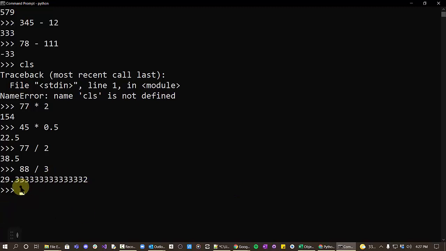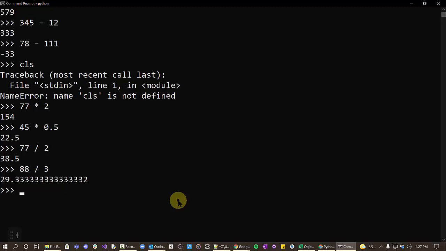And so repeating characters will go out to a large range, and then it will round off the results at a certain point. Often these floating point numbers are only so precise. They can't be infinitely precise, obviously. You would need an infinite amount of memory to store that. So it will truncate and round off the number at a certain point.